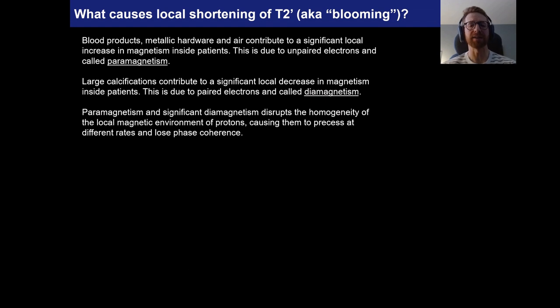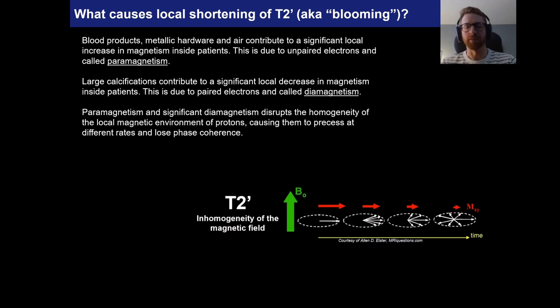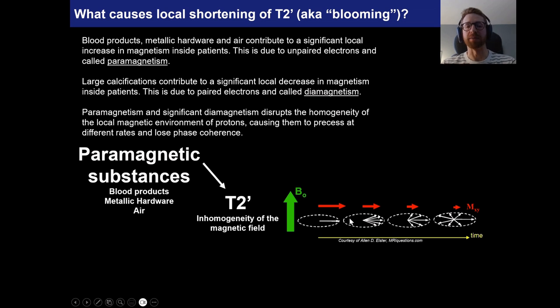Paramagnetism and significant diamagnetism disrupts the homogeneity of the local magnetic environment of protons, causing them to precess at different rates and lose phase coherence. So here's that wonderful diagram from Alan Elster again. We're just showing the T2 prime related dephasing of the spins. And we're saying that that can be due to paramagnetic substances, things with unpaired electrons, like blood products, so that's deoxyhemoglobin, methemoglobin, hemosiderin, right?